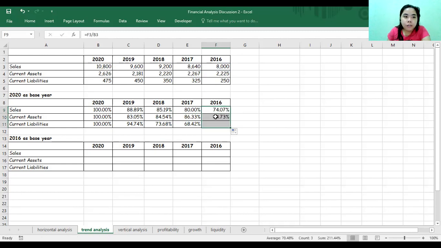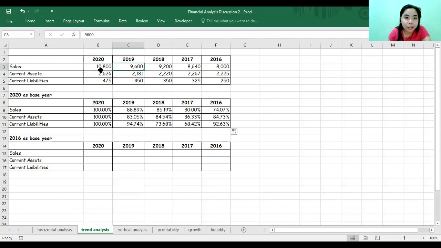Then we're done with the first requirement, which is trend analysis in which we are using 2020 as our base year. So if we analyze 2020, of course, it's our 100%. But when it comes to 2019, our sales is 88.89% of our 2020 sales.